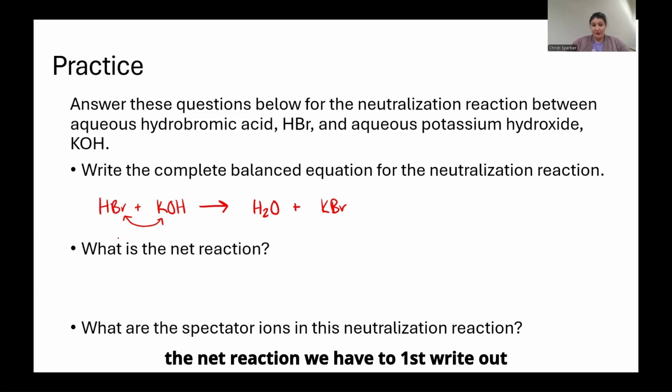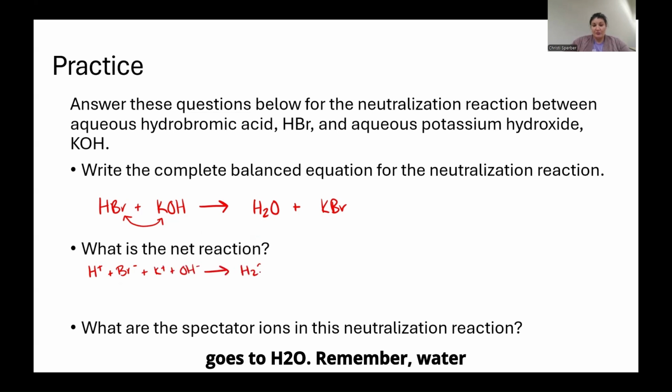For the net reaction, we have to first write out our complete ionic and then determine our net ionic. So our complete ionic is we're going to write out our ions for each one. So H+ Br- plus K+ OH- goes to H2O. Remember, water is a liquid, and so we don't break up liquids in ionic equations.